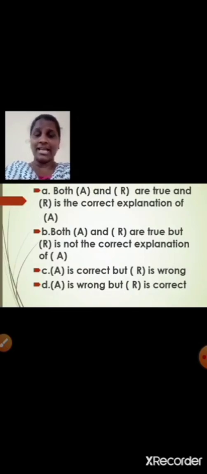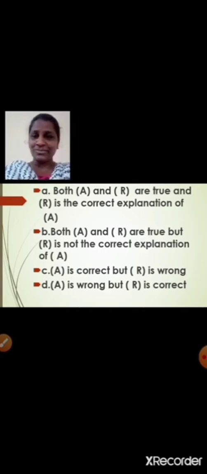Both assertion and reason are true, and reason is the correct explanation of assertion. Is that so, students? Let us move on to option B. Both assertion and reason are true, but reason is not the correct explanation of assertion. Option C. Assertion is correct but reason is wrong. Option D. Assertion is wrong but reason is correct.